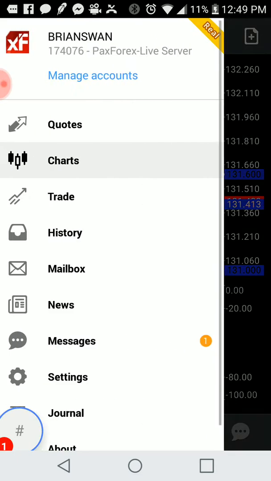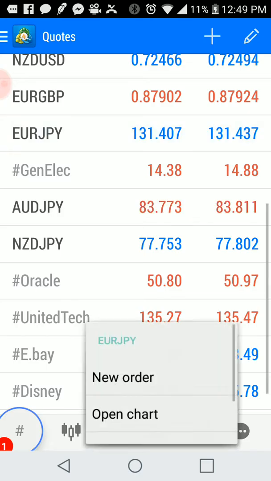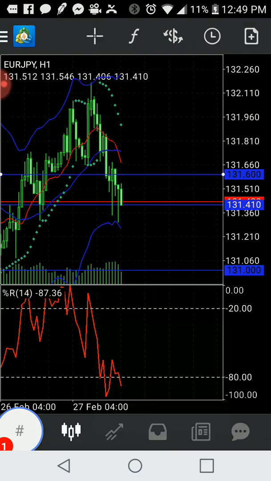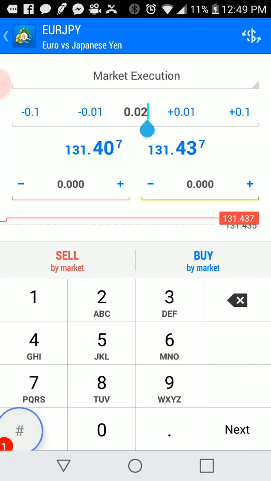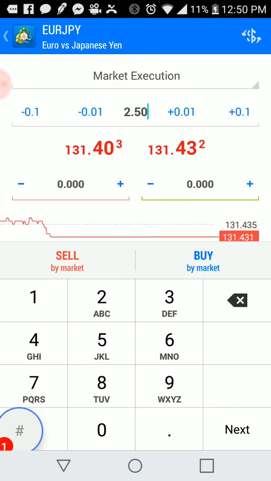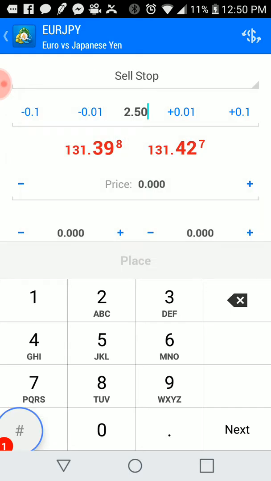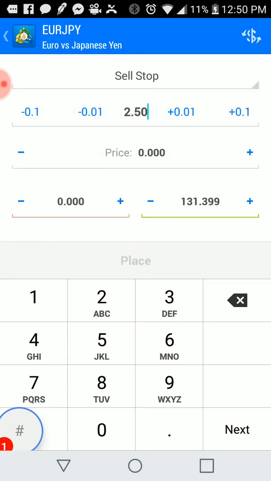We're going to find the euro pound and open the chart. Okay, and we want 2.5 lots. In this case, we're going to be setting the bottom one first, so it will be a sell stop, and we want 10 pips.